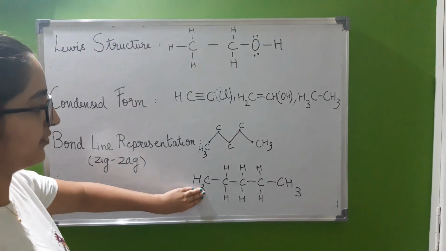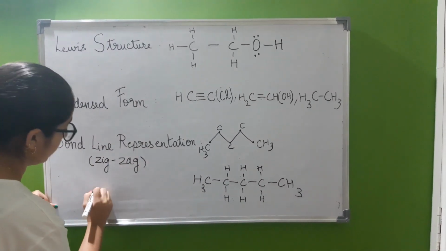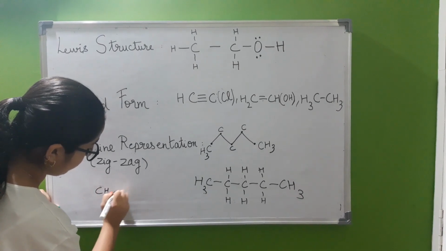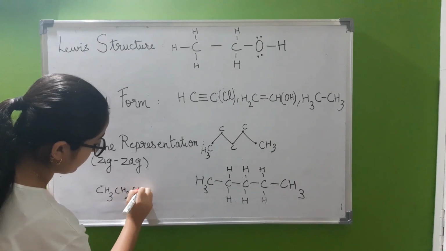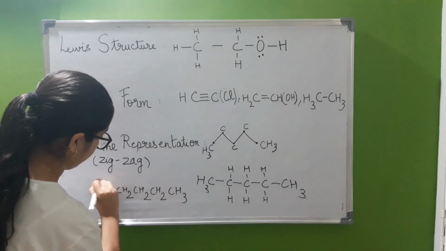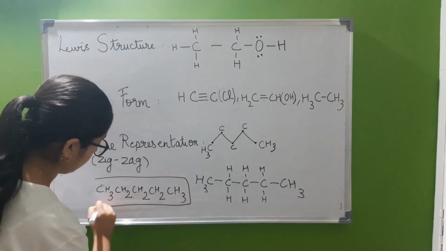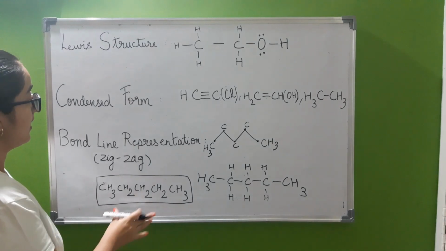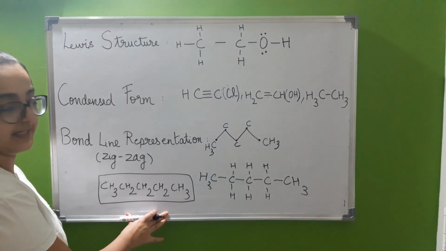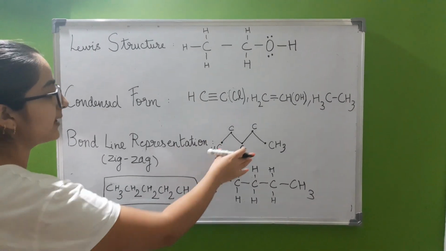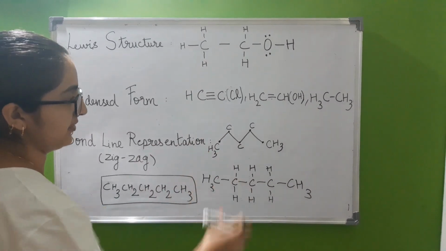So this is the Lewis structure, and the condensed form for this will be CH3, CH2, CH2, CH2, CH3. This is nothing but our pentane, and this is the condensed form representation. So this is how you can interpret the compound given with the help of bond line representation.